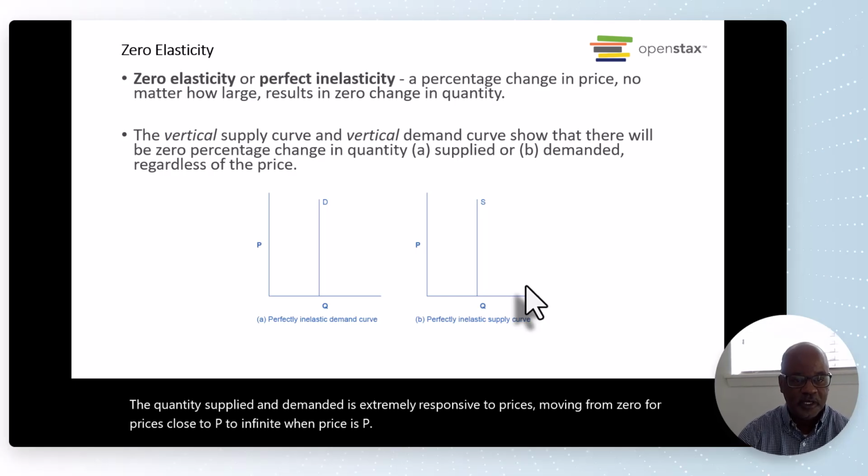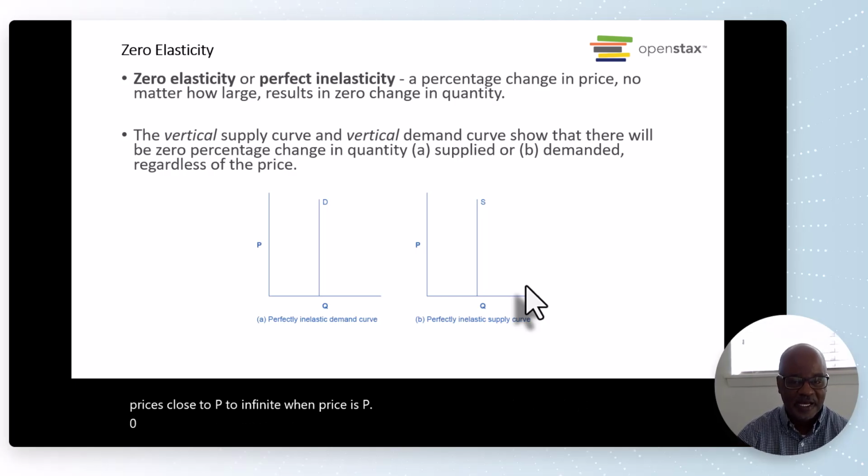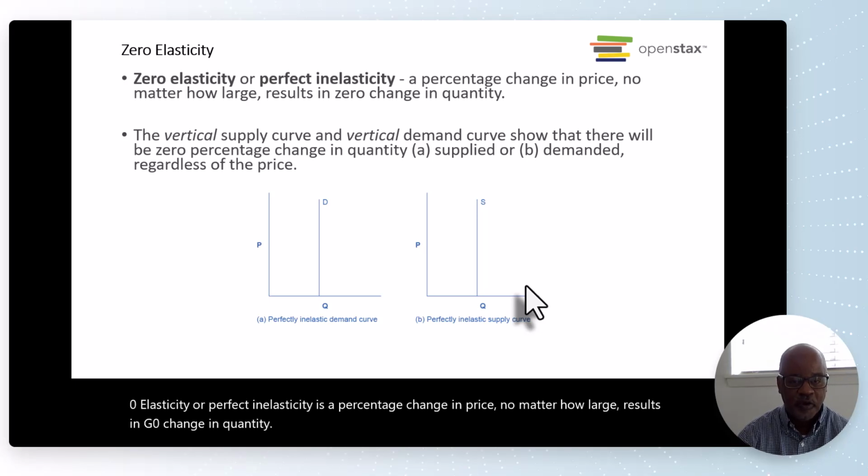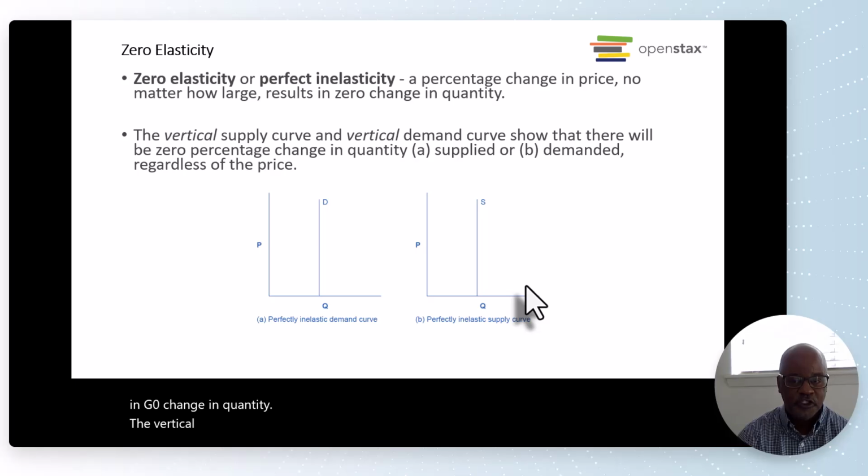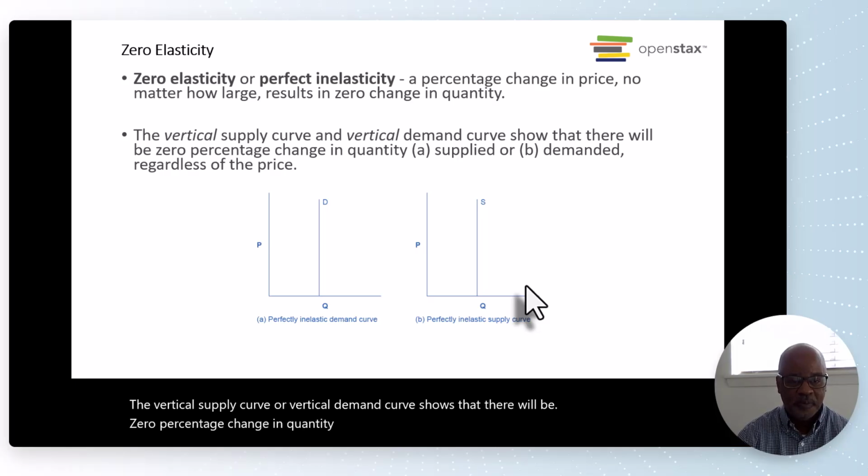Zero elasticity, or perfect inelasticity, means a percentage change in price, no matter how large, results in zero change in quantity. The vertical supply curve or vertical demand curve shows that there will be 0 percentage change in quantity, A, supply, or B, demand.